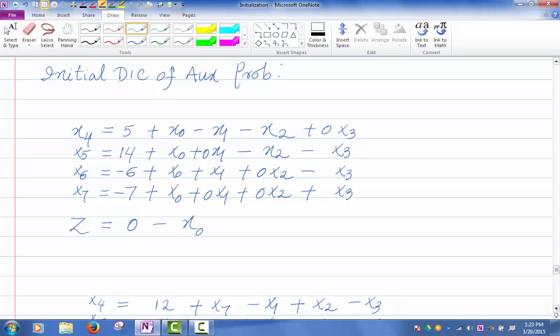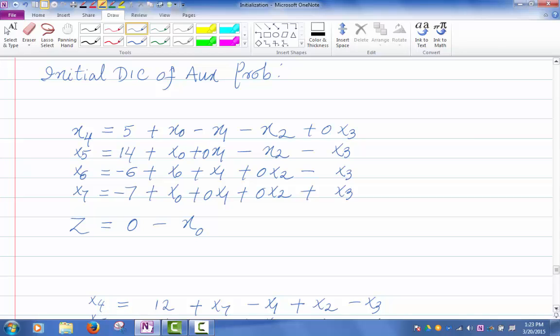The initial dictionary of the auxiliary problem will be like this, which is the same as the initial dictionary for the original problem, except that you have x0. Now the objective row would be 0 minus x0, right? Because the objective function is what? Minus x0.